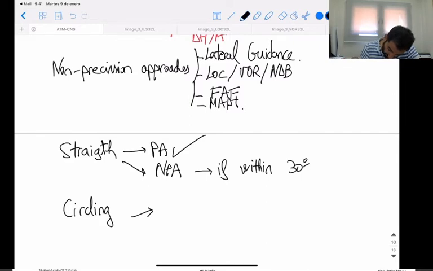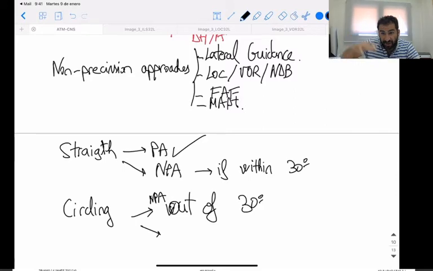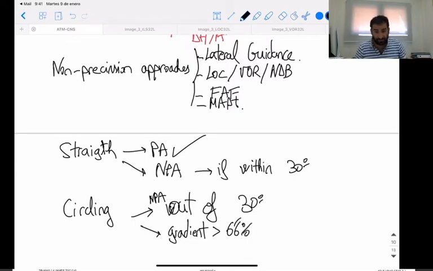It might also be the case if I am out of those 30 degrees for non-precision approaches, or if the gradient is greater than 6.6%. If that is the case, then it's also circling, because it's maybe quite dangerous.